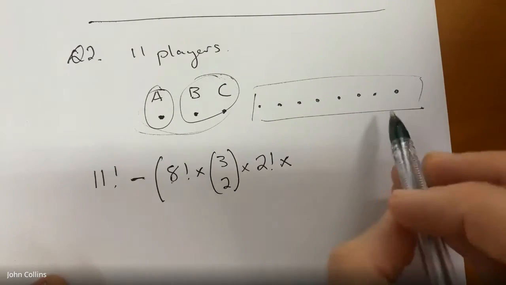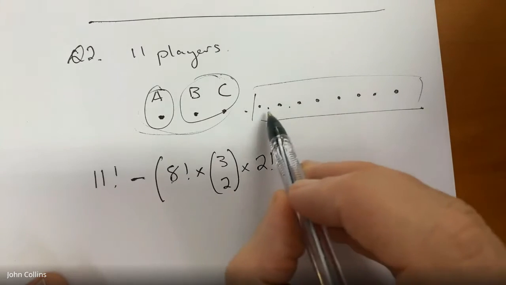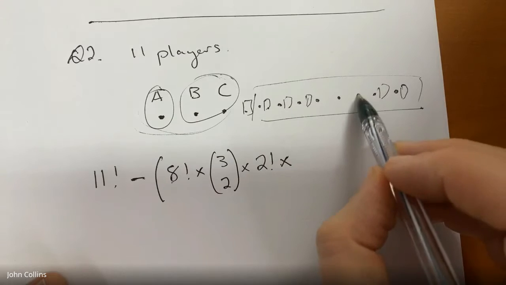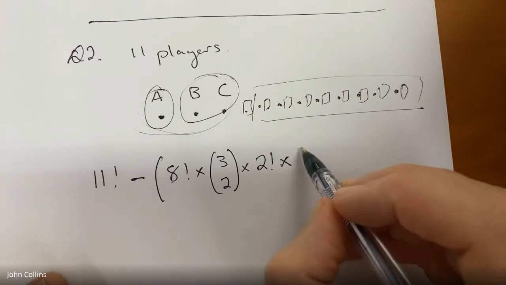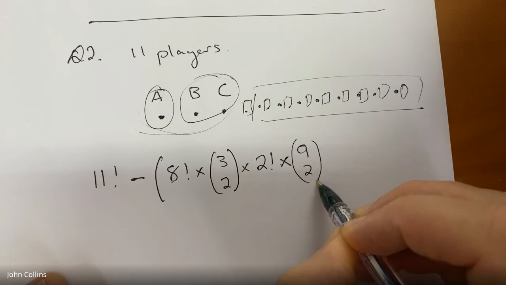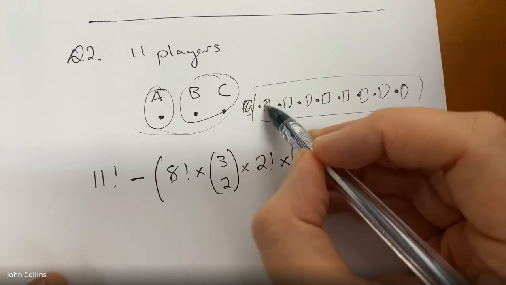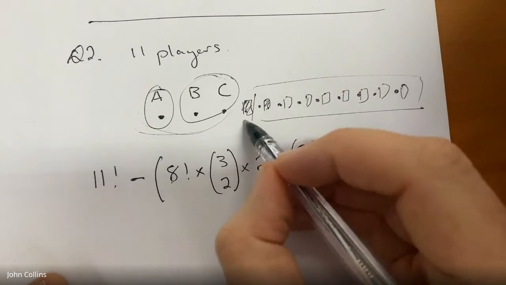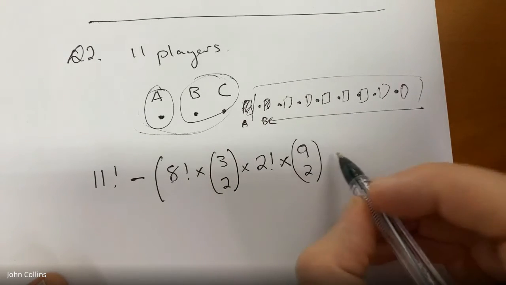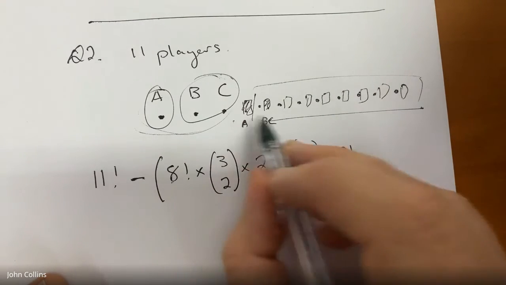Every time this happens, how many slots can they fit into between these 8? I think there's 9 slots between them, 1 at the end here and so on. Between the 8 people, 9, and you choose 2 positions out of those 9. Let's say you pick this one and this one as your 2 positions. That can be both A and BC, and it can be BC and A. So that's also 2 factorial choices, or 2 choices. You can go either option.